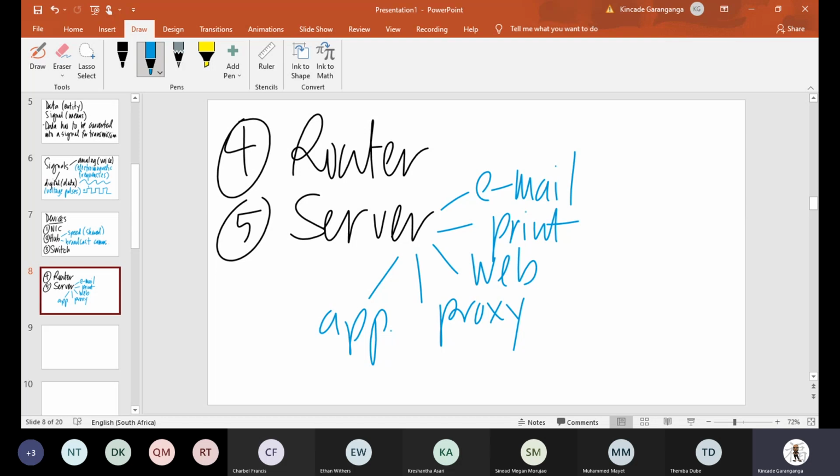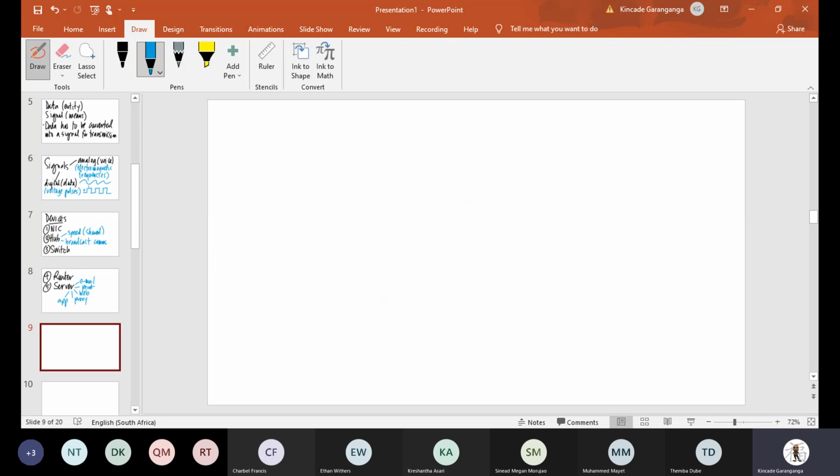So when it comes to the actual setups, probably before we look at the different models that distinctively exist, I think it's important to look at the different sizes of these networks.